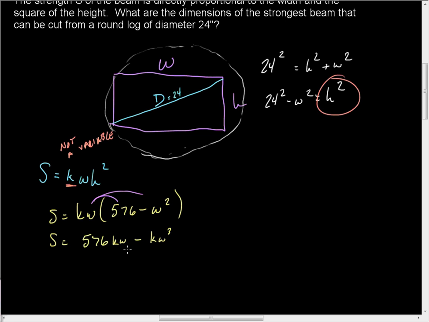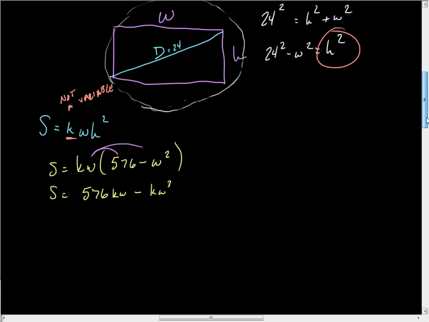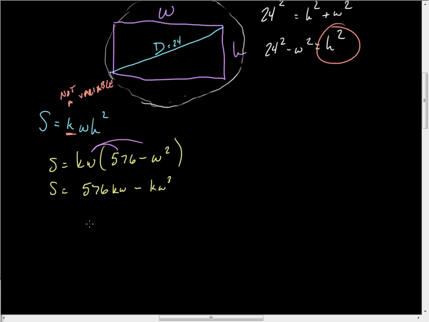So let's go ahead and take our derivative here so that we have dS/dw, our only variable, is going to be equal to the derivative of this first thing, which is 576K minus 3Kw squared.